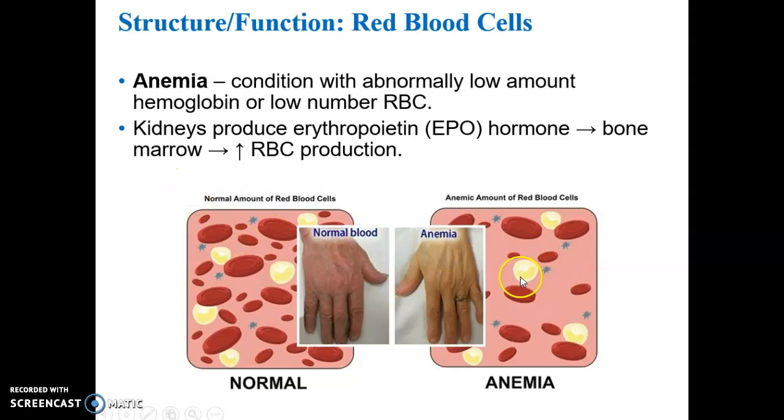So when you have not enough oxygen in your blood due to not enough red blood cells, the kidneys will sense this and produce a hormone called erythropoietin, EPO. That stimulates the red bone marrow to produce more red blood cells, hopefully to get rid of the problem of anemia and get your red blood cell count up to normal.